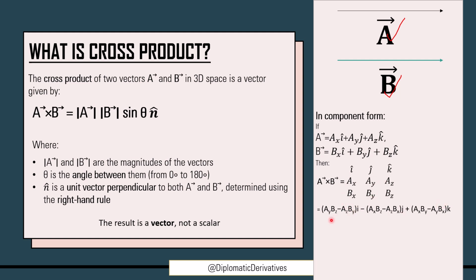So the first one is aybz. Basically you deal with this part first, which has ay, by, bz: ay into bz minus az into by.